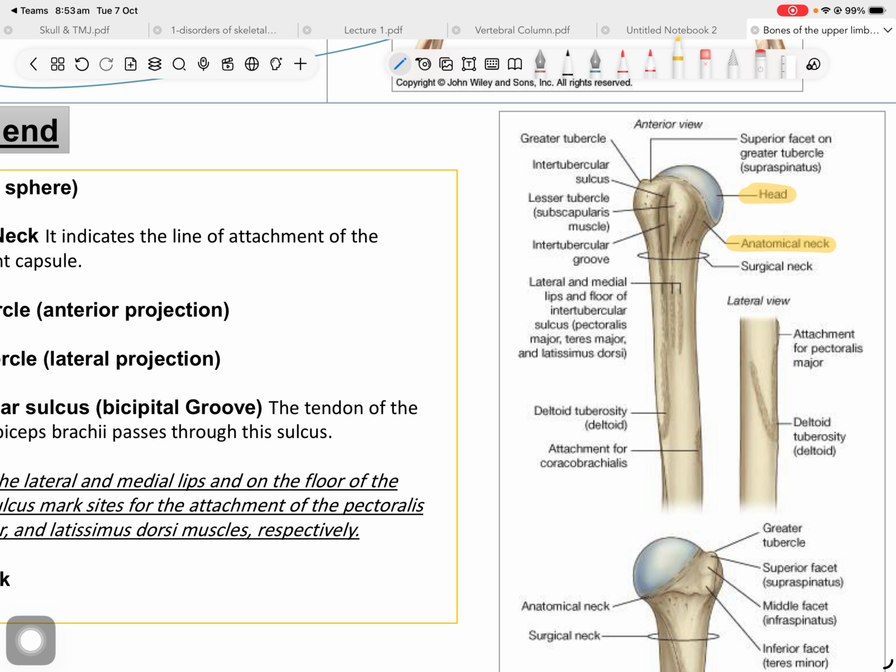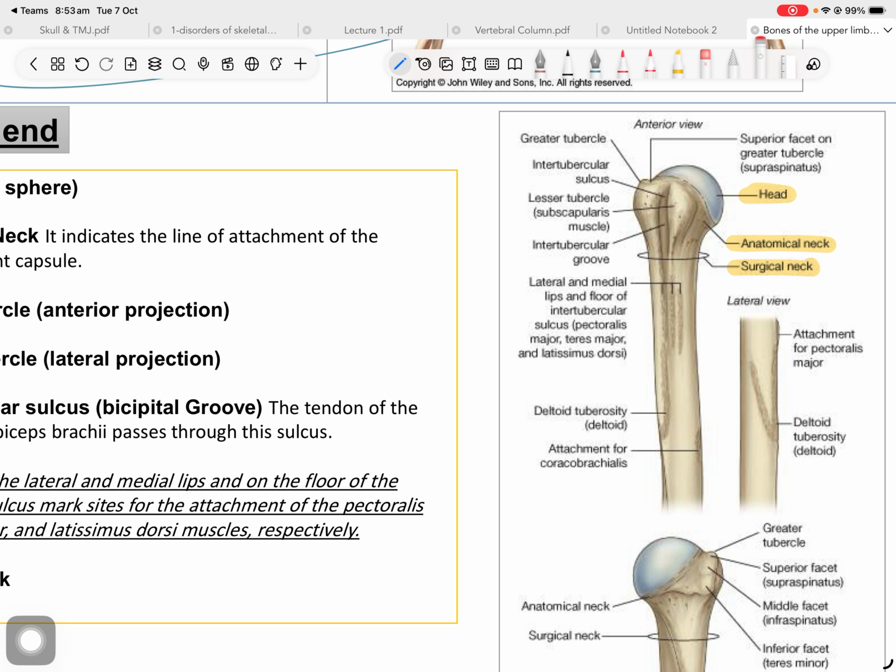And also, I have another neck here. We call it the surgical neck, okay? So, I have the head. Below the head directly, I have the anatomical neck, and the most constricted area proximally, this part I call the surgical neck. Why do you think I call this area the surgical neck? Yes, it is a common site of fracture, okay?